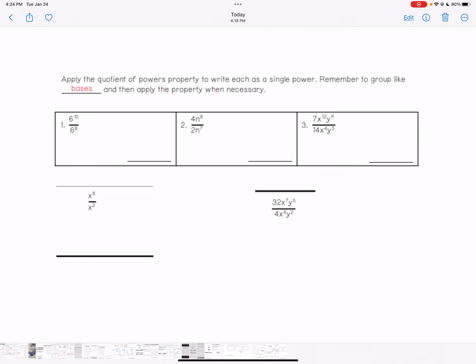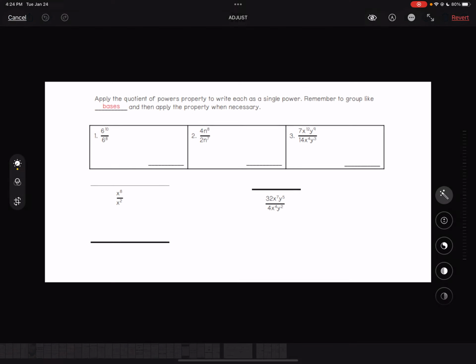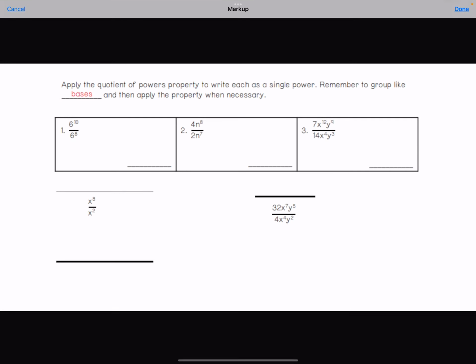So our practice. Whoops, sorry, hit the wrong button. Okay, and this is the same thing. Apply the quotient of powers property to write each as a single power. Remember to group like bases and then apply the property when necessary.